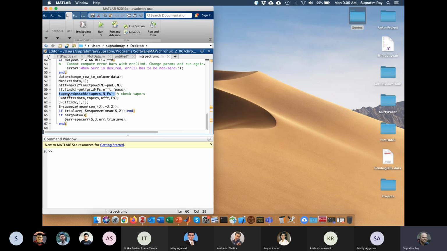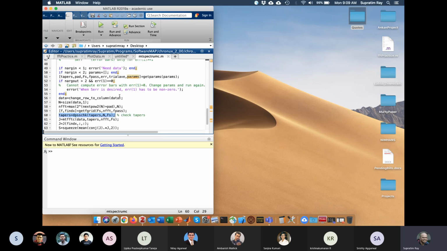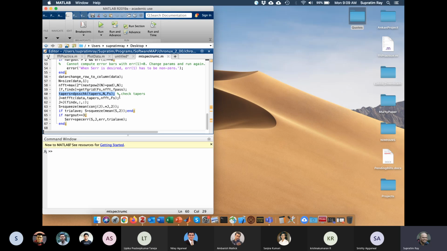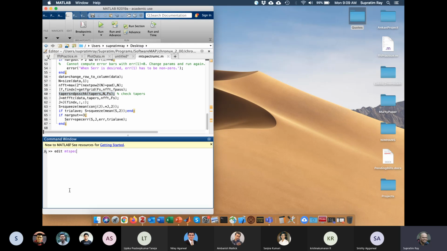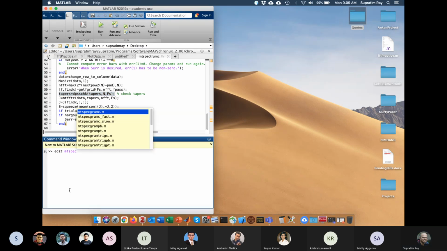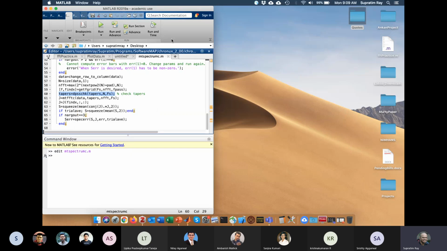So I just wanted to show you, this is basically how you learn about multi-taper in MATLAB. So if you open mtspectrumc.m, so if you do edit mtspectrumc, then it will open this, and there you can check all the commands.